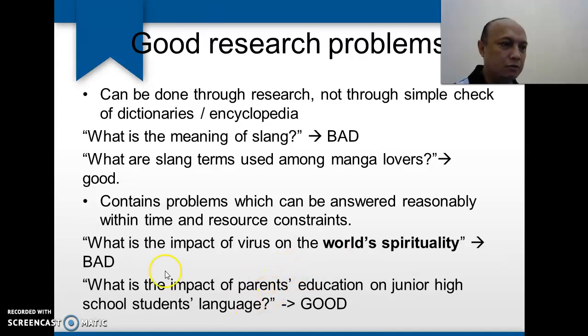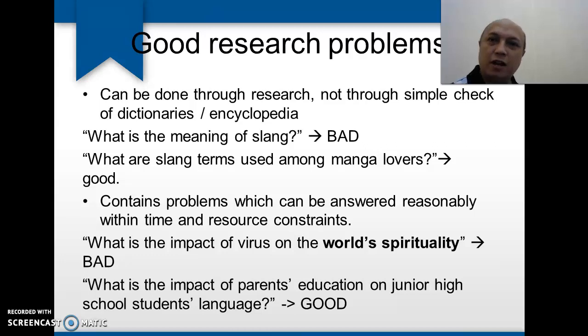What about the good one? Okay, the good one is here. For example, what is the impact of parents' education on junior high school students' language? Now, this is a good research problem. This one is good because it requires you to go to the field and gather some data on the parents' education and then correlate it with their children's language.